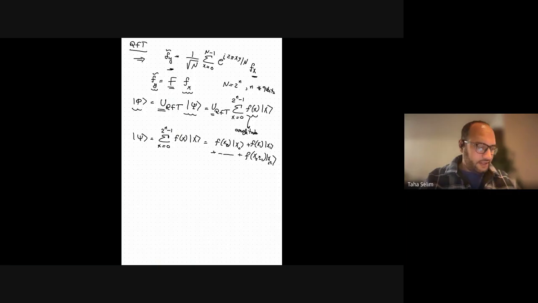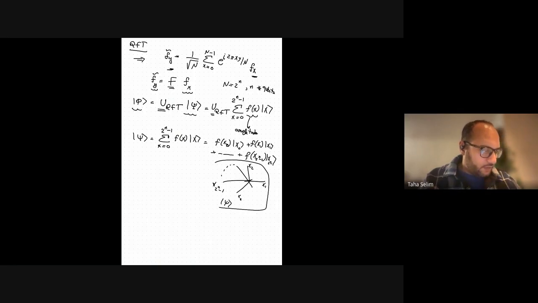So this is the state vector, represented in a space. Of course, it's not orthogonal here, and we have x0, x1, x2, until x at 2 to the power n minus 1.